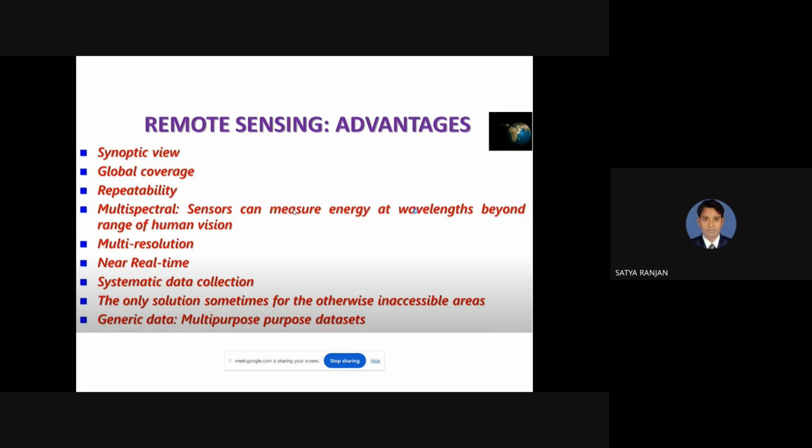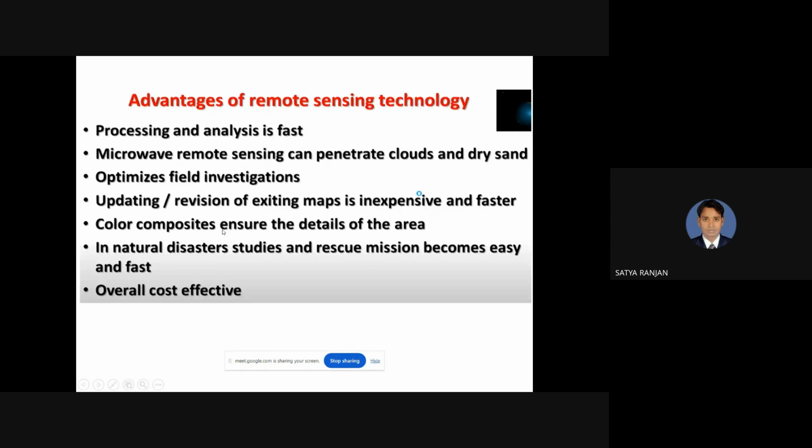Then systematic data collection. All these data are collected with a unique ID, and row and path information, which is also important for identifying the location on the grid. Sometimes otherwise inaccessible areas are accessible with the help of satellite data. These are the advantages of remote sensing technology.